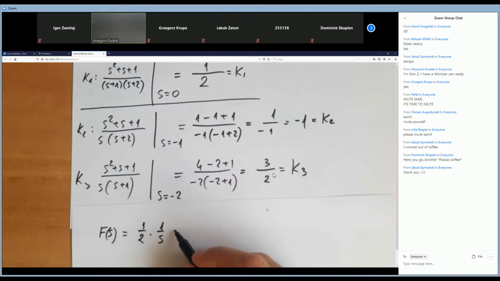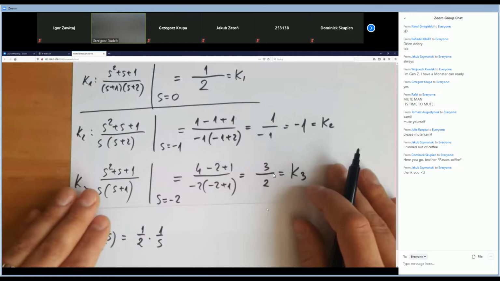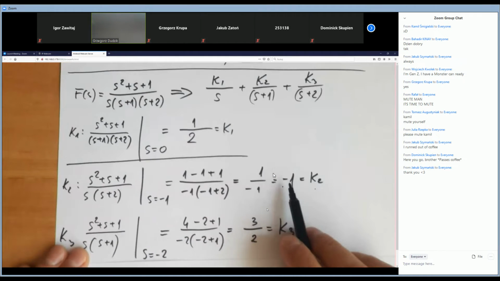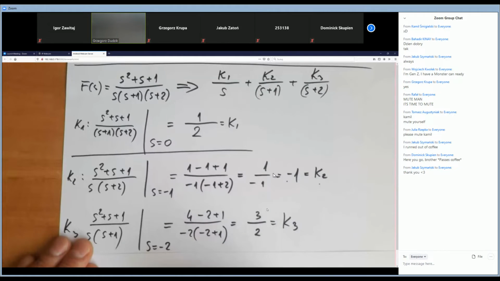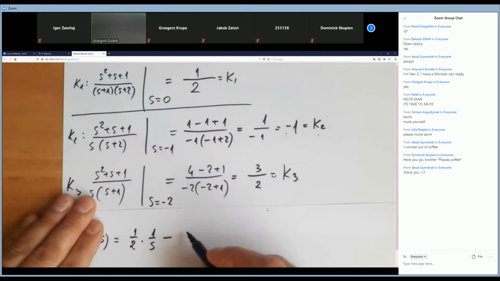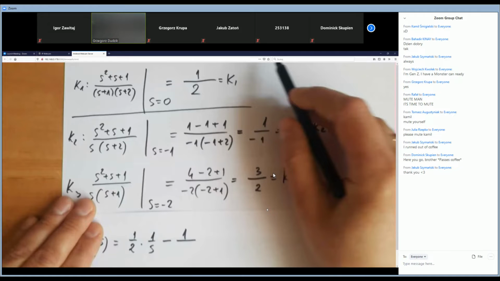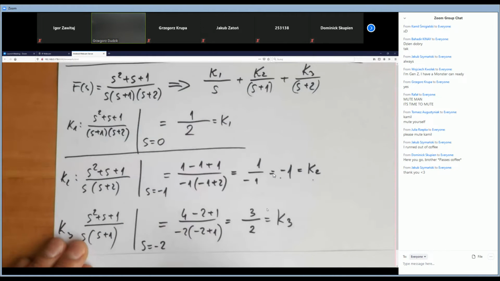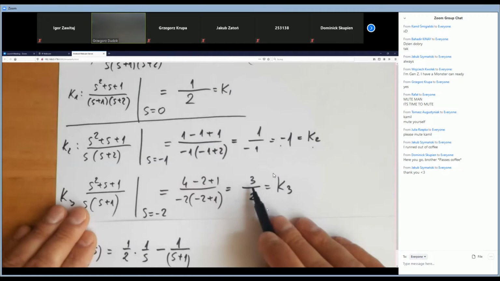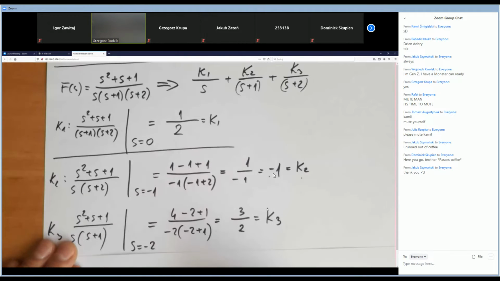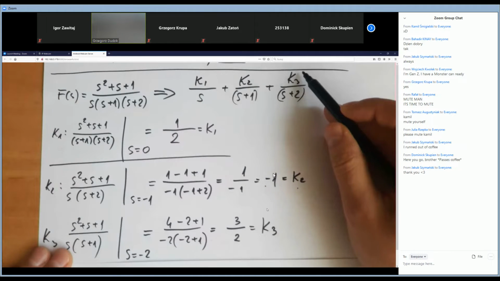Plus, however, K2 is equal minus 1, so in fact we have the minus here. So it will be minus 1 over s plus 1. K3 is positive, 3 over 2. So it is plus 3 over 2 times 1 over s plus 2.